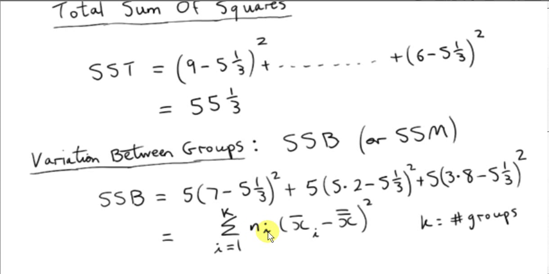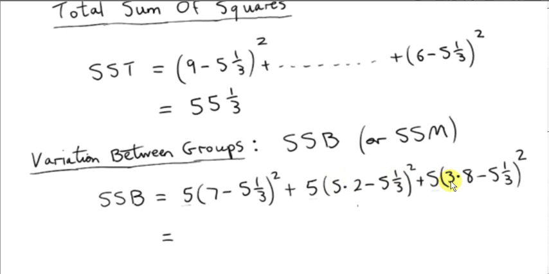Small n sub i is the number of values in each group. Now in the example that we did, the number of values in each group is the same, it's 5. x̄ᵢ is the mean of each group. So it's 7 for the first group, 5.2 for the second group, 3.8 for the third group, and of course x̄ is the grand mean.